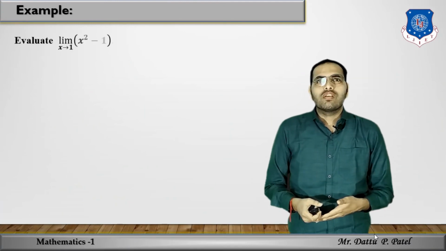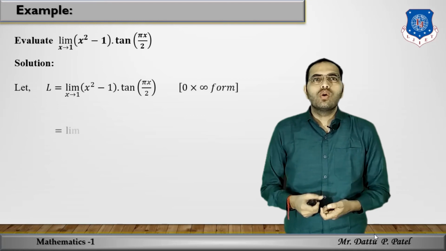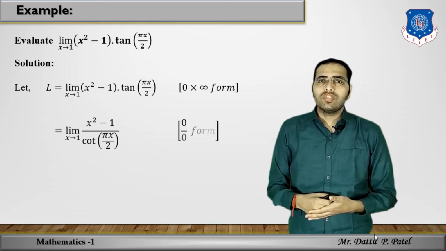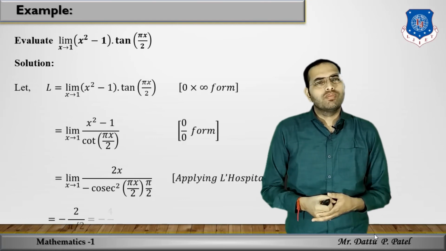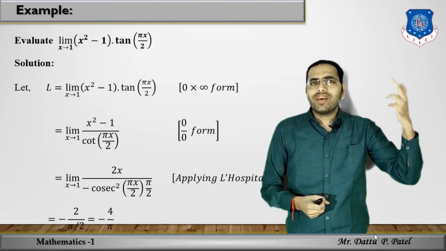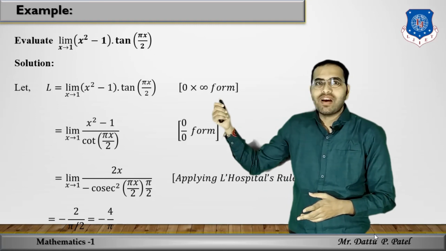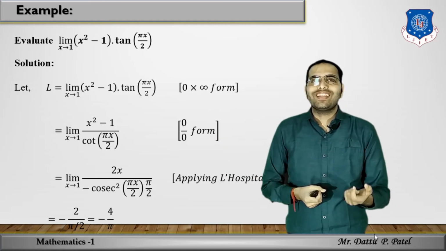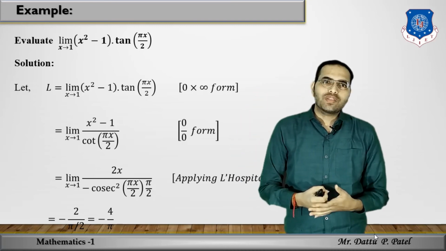Let's see one more example. Limit x tends to 1 of (x square minus 1) into tan of pi x by 2. Here the given limit is in the 0 into infinity form, so convert it to the 0 by 0 or infinity by infinity form. Here tan of pi x by 2 is 1 upon cot, so it becomes x square minus 1 upon cot of pi x by 2.